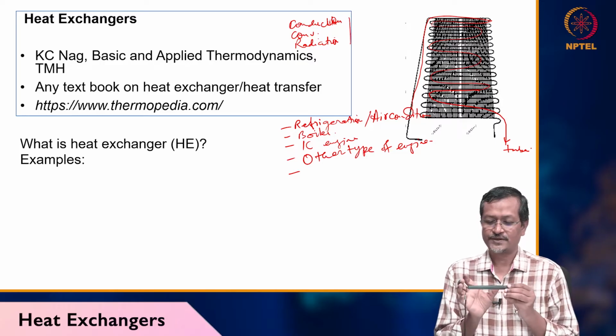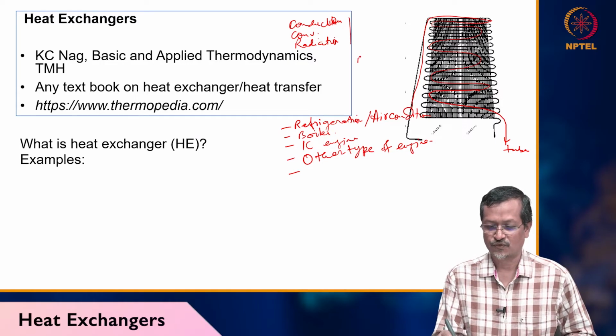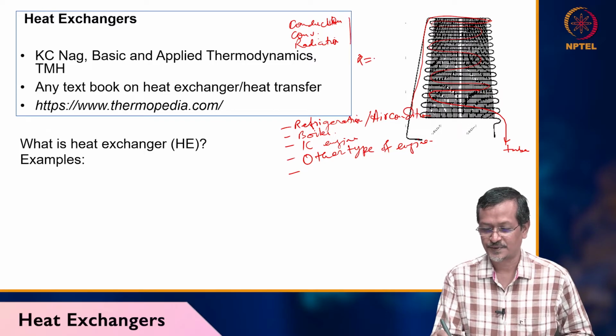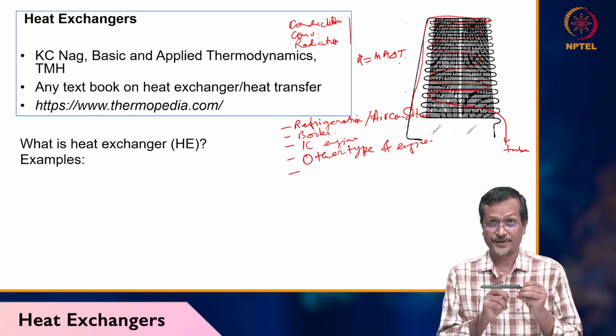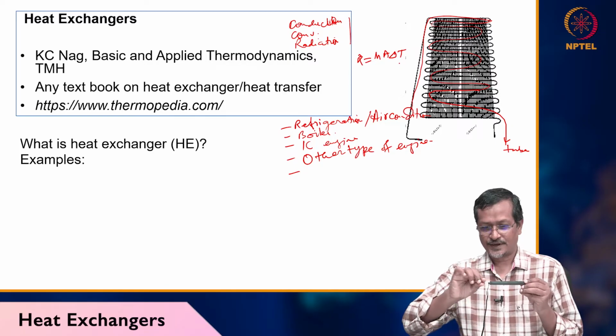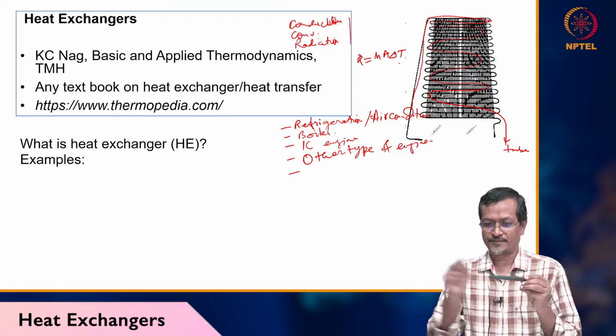Now if I have a very small tube, you can remember the convective heat transfer rate is h A del T. So a smaller surface area means your heat transfer rate will be smaller. Now how to increase the surface area? You create a multiple pass, long tube, making a serpentine.